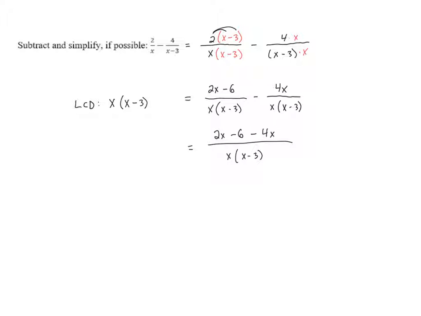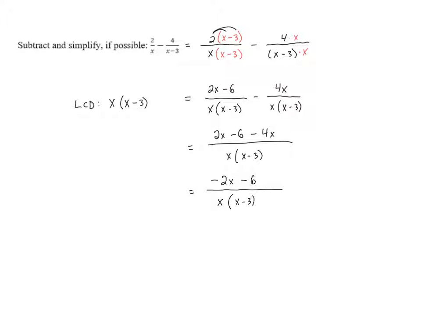But in this case, that wasn't a problem. So all we need to do next is combine like terms in the top. In the top, we've got 2x minus 4x. That's going to give us a negative 2x. And also we have that negative 6, all over x times x minus 3.